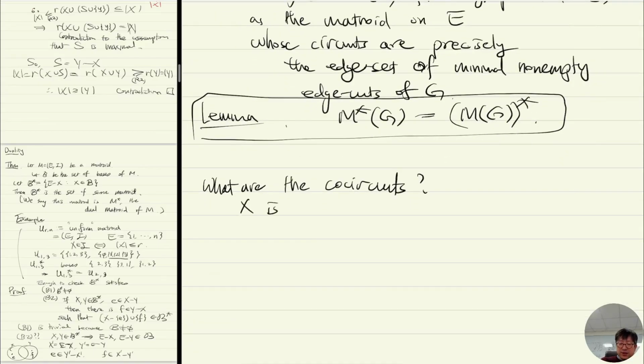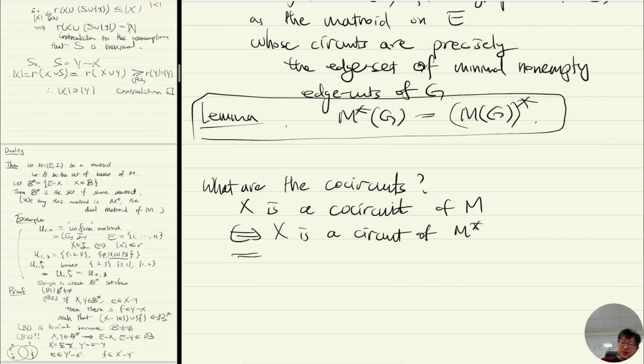X is a co-circuit if and only if, of course, X is a circuit of the dual matroid. So what is a circuit?